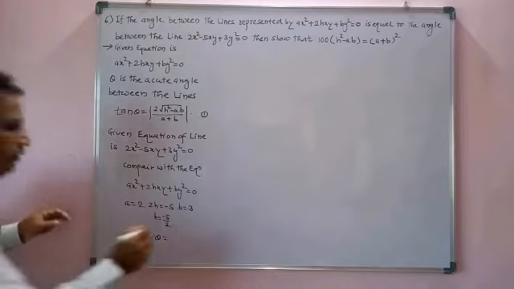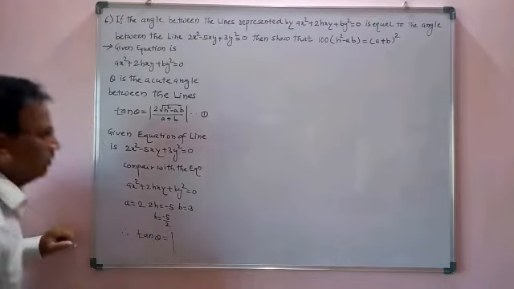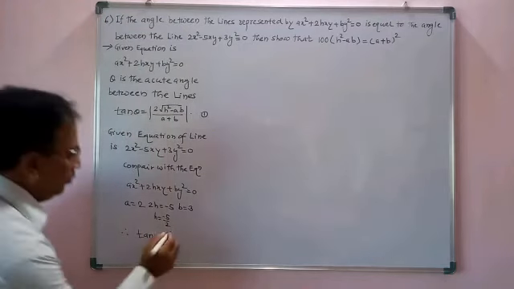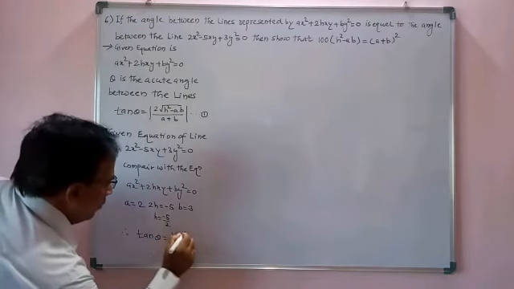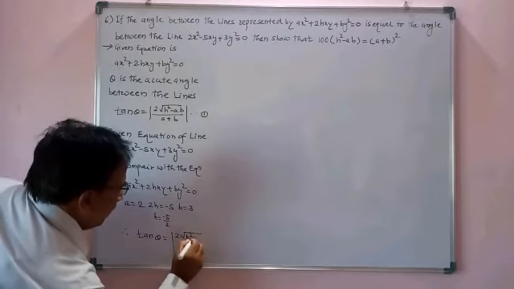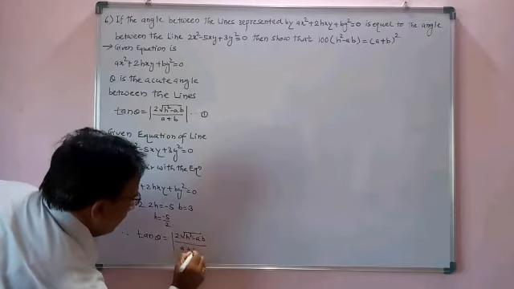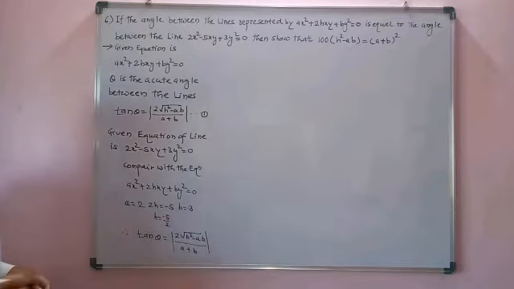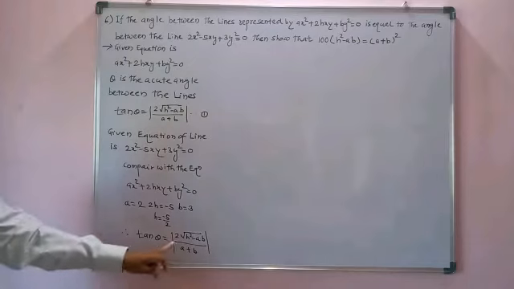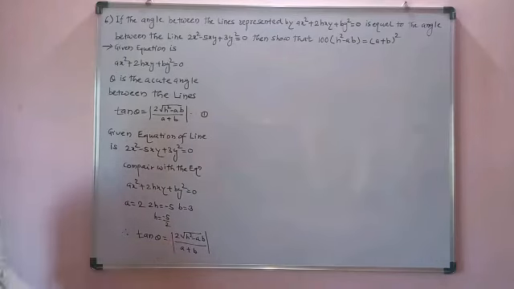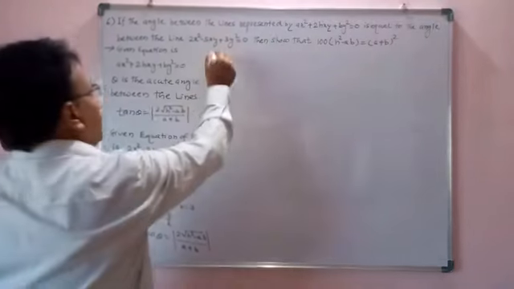Theta is the acute angle between the lines. We use the formula tan θ = |2√(h² − ab)/(a + b)|.